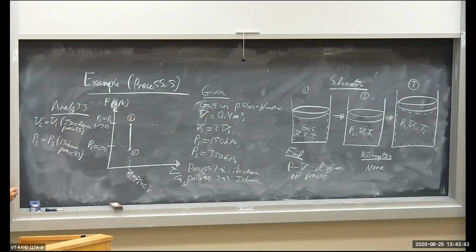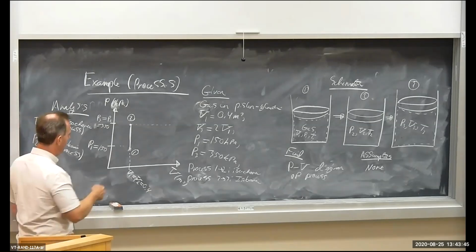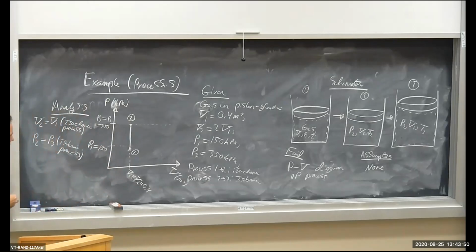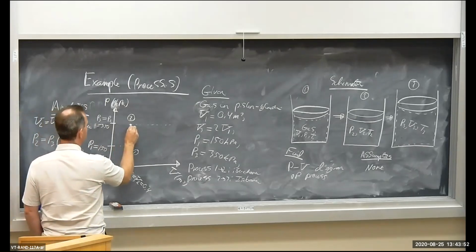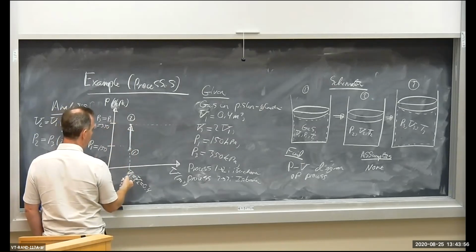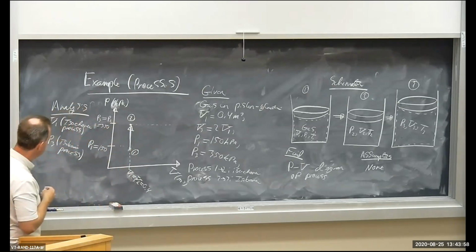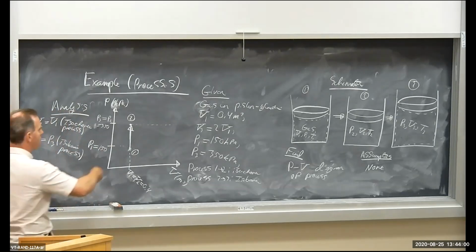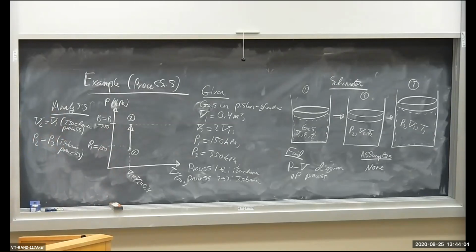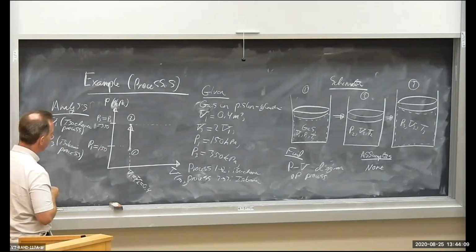So process 1 to 2: we know P2, we know the volume, we know the initial pressure. It's isochoric, so it has to move on this vertical line. Process 1 to 2 is a vertical line from P1 up to P2, which is equal to P3.